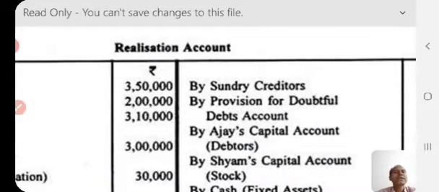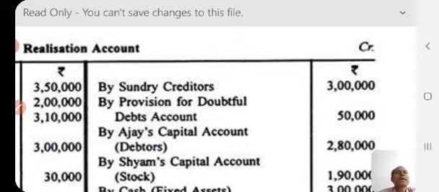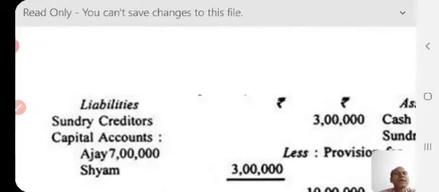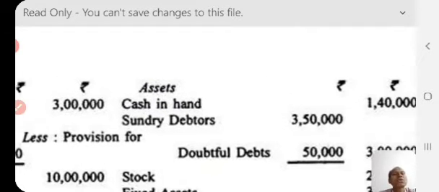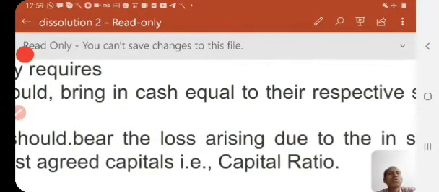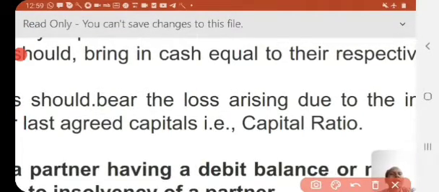Now, at the credit side, first we have to take the balance sheet. Sundry creditors, only one liability is there. We should not write the capital accounts and the partners' loan accounts. So sundry creditors, and this 50,000 provision for doubtful debts also should be written.